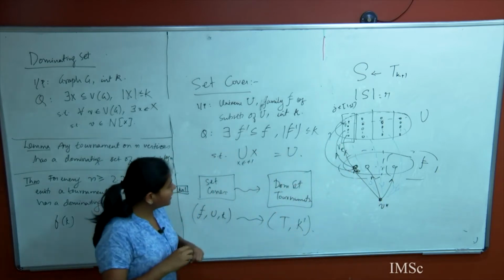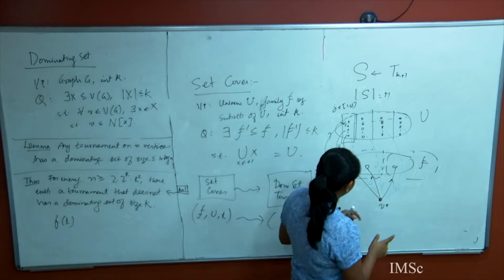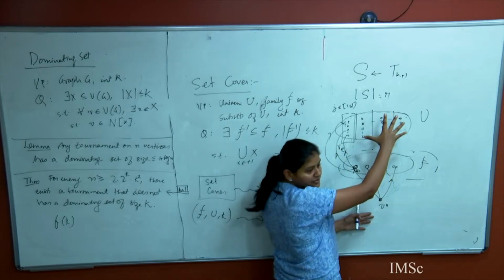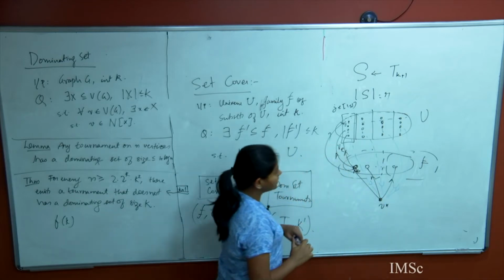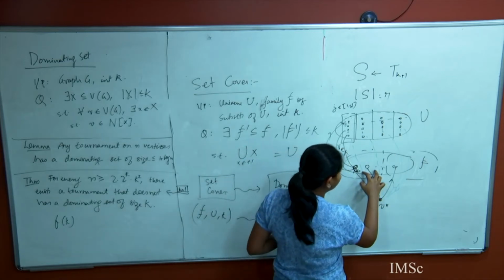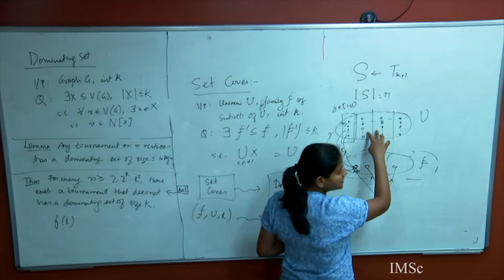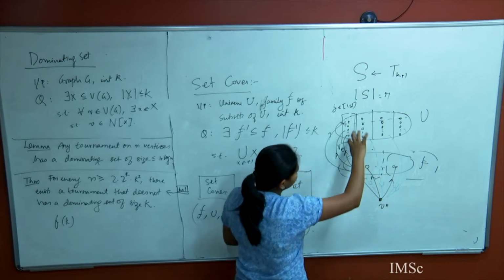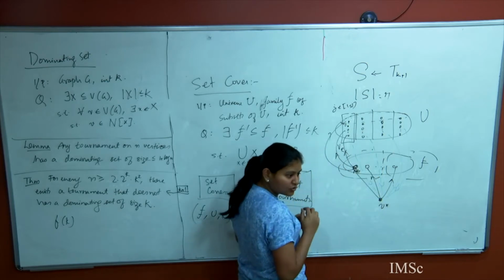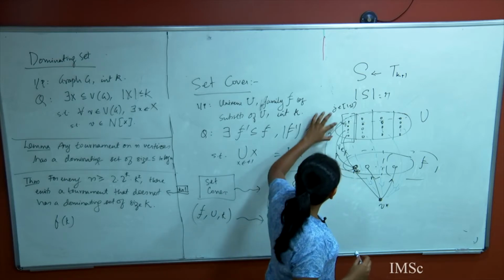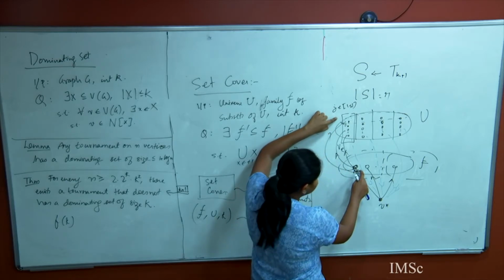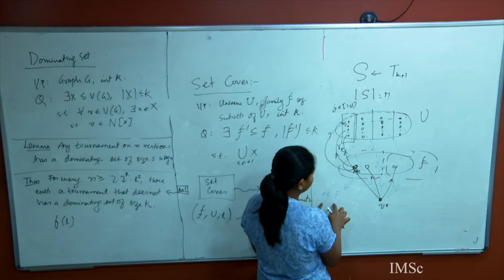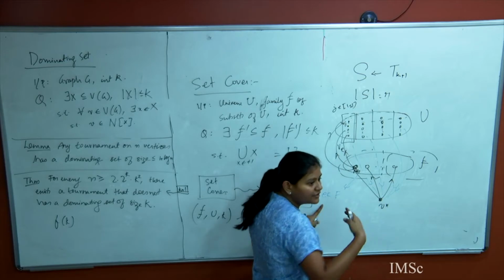Okay, so what all have we encoded? With respect to V star, I have told you the edges between these things and between these things, right? So what edges are remaining? Edges between them are remaining, and there are edges between here also, some edges are remaining here also. Okay, so I told you to add an edge in this direction if this set, look at this set F, contained this element E. What if it does not contain that element?